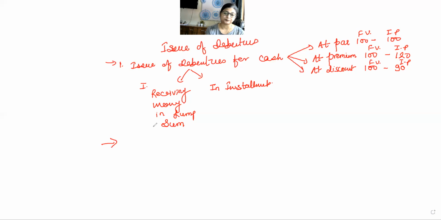Now the next topic which is covered under this chapter is issue of debentures for consideration other than cash.